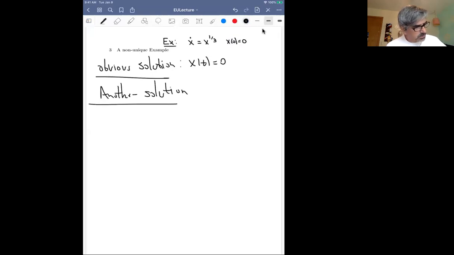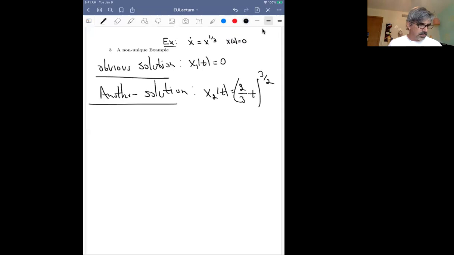You can find this by doing separation of variables. Let's call the first one x1, and let's call this x2 of t, and it is (2/3 t) all raised to the 3/2 power.